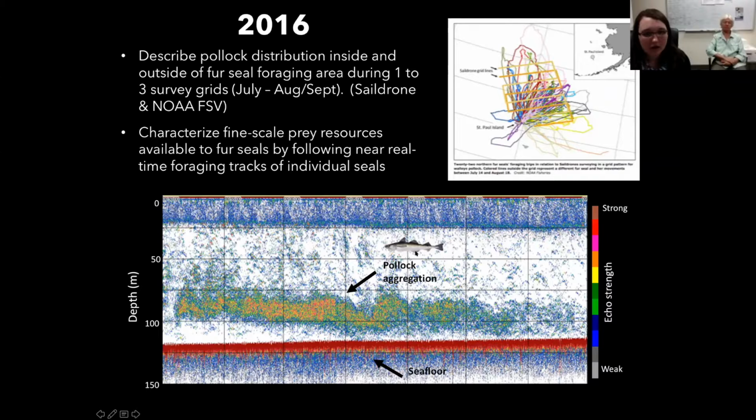And for our acoustic measurements, we can very easily see pollock aggregating in the water column between 75 and 100 meters in depth. And we're working on right now relating that to diving behavior for some of these fur seals. Preliminarily, it looks like diving behavior is different out here at the edges than it is here in the middle, but those results are still being processed so far.